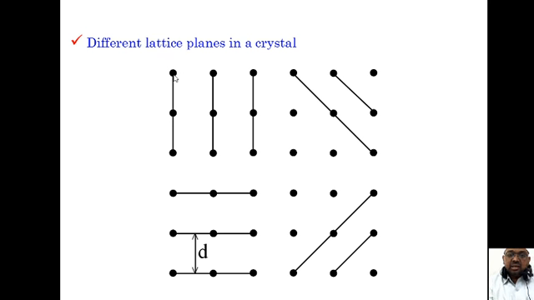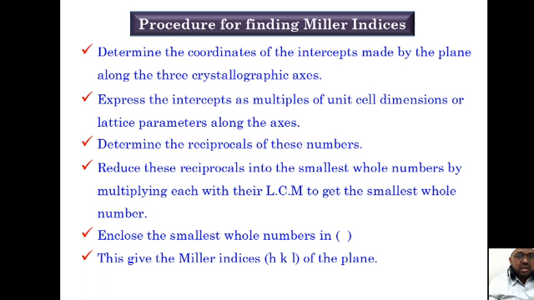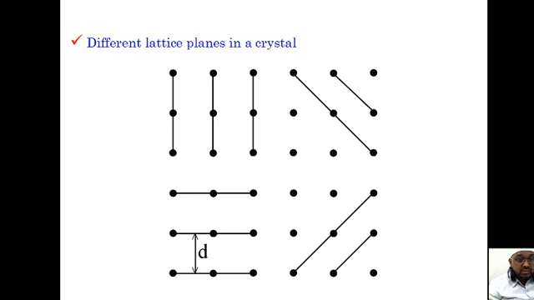Why lattice plane? Because lattice points have been joined, so whatever structure you obtain is considered a lattice plane, right? I think you got some idea regarding the lattice planes. Now, why are we studying these lattice planes? Because in a solid you'll find a number of closely arranged atoms, and we want to find out where the more concentration of atoms is situated.